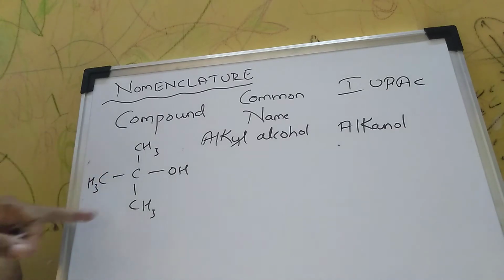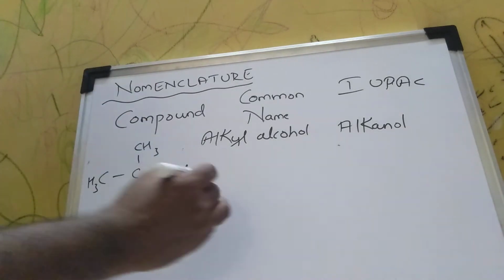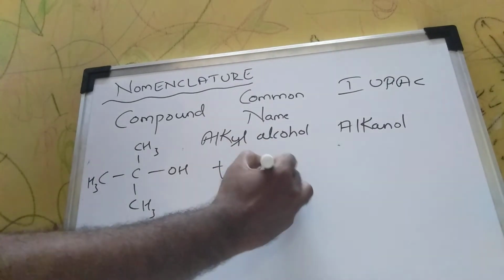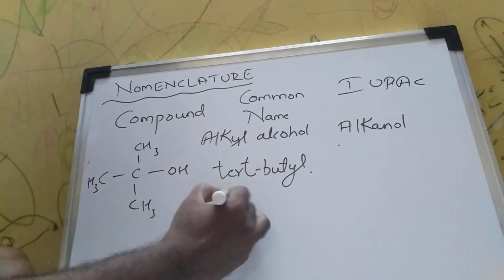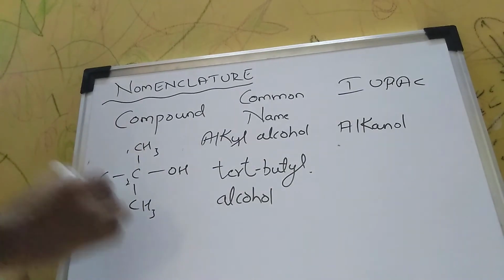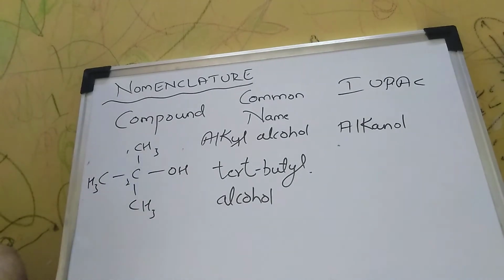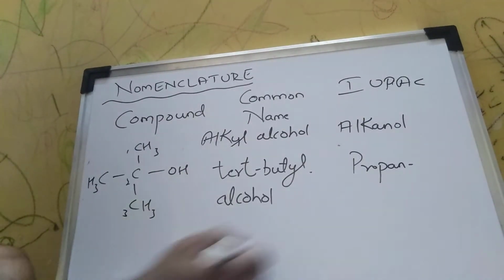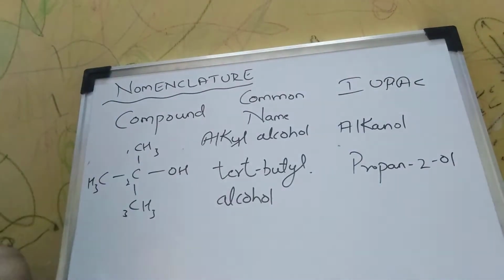When one carbon atom is attached to 3 different carbon atoms, it is termed as tertiary, and in short we call it as tert. Altogether tert-butyl alcohol. IUPAC name 1, 2, 3, or 1, 2, 3. You count from any direction, the total parent chain turns out to be 3 only. 3 means propane, that is propan. The OH is attached to the second carbon atom, propan-2-ol.